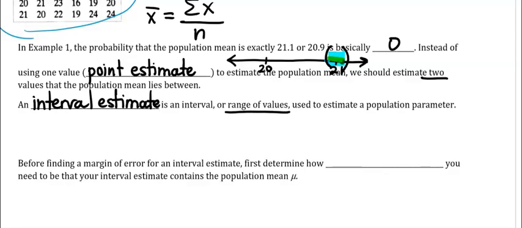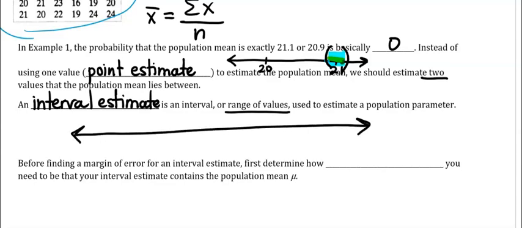We're saying a range of values, which we can do with continuous variables. So essentially, we have some point estimate in the middle. We're moving to the right, we're moving to the left to form this interval. And how far to the right or how far to the left we move is our margin of error.